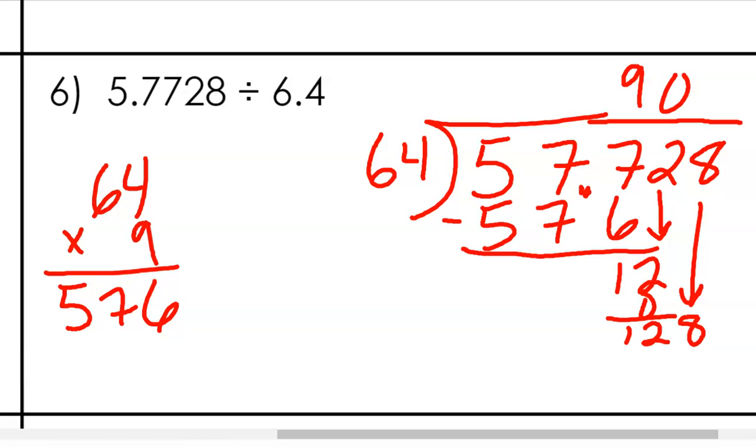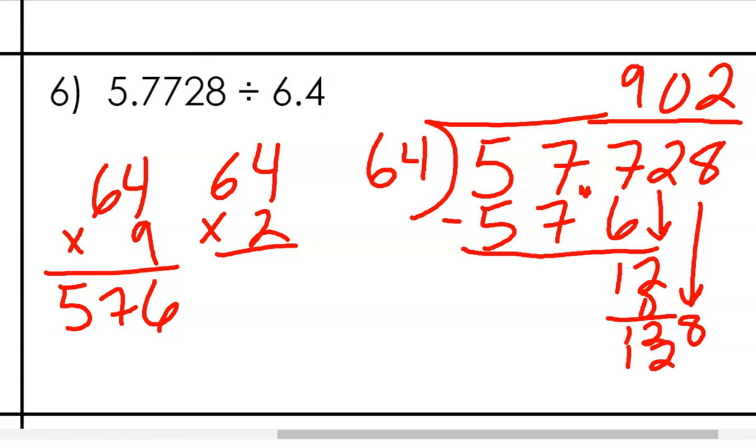So we say 128 divided by 64, and that gives us 2, right? So let's do 64 times 2. Old school, right? 64 times the 2. Right, and we already said that gives us 128.